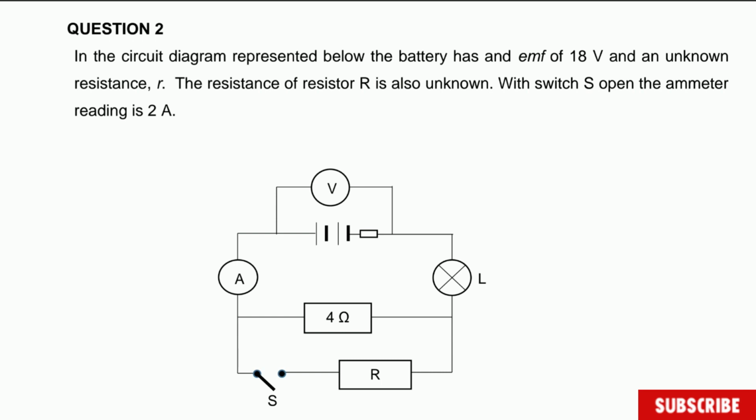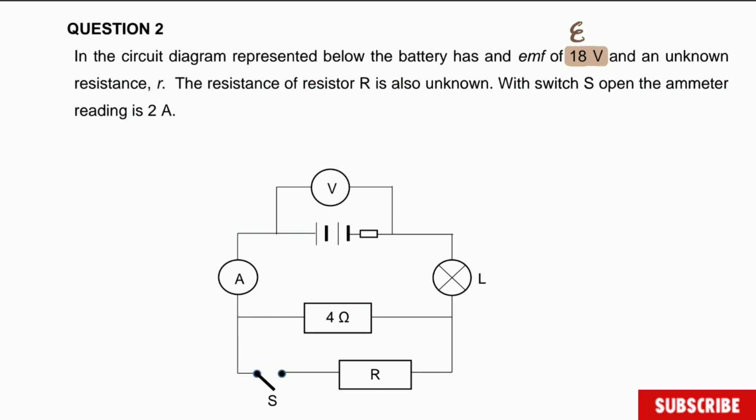Okay, question 2 says: in the circuit diagram represented below, the battery has an EMF of 18 volts. That is the first important note to take there. The EMF is 18 volts and there is internal resistance in the circuit, which is unknown. The resistance of the resistor R is also unknown.